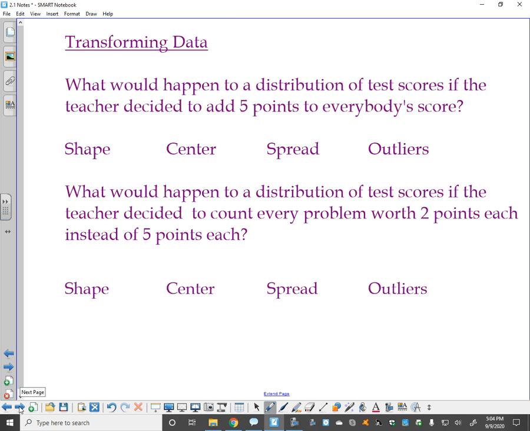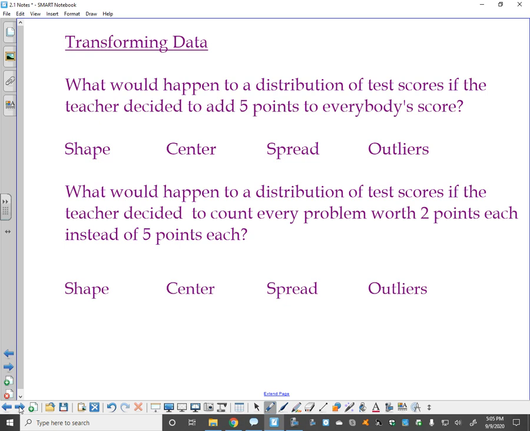Okay, transforming data. What would happen to a distribution of test scores if the teacher decided to add 5 points to everybody's score? Okay, so let's say we take all your test scores and I add 5 to everybody's score. What's that going to do to the shape, the center, the spread, and the outliers?